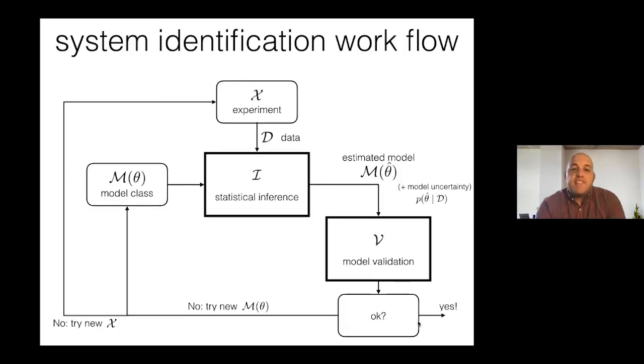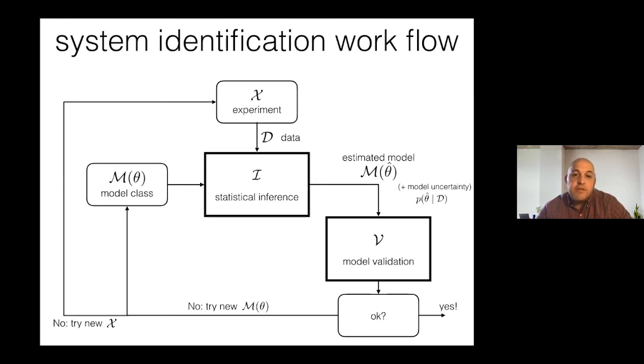So this is kind of just a broad workflow that summarizes some of the things that I've already said. And this emphasizes that this procedure is an iterative procedure like many engineering design methods. So you start with an experiment that generates a set of time series data for the inputs and outputs in your system. And then you choose some sort of model class, so the set of models that you want to try to represent the relationship between the inputs and outputs.